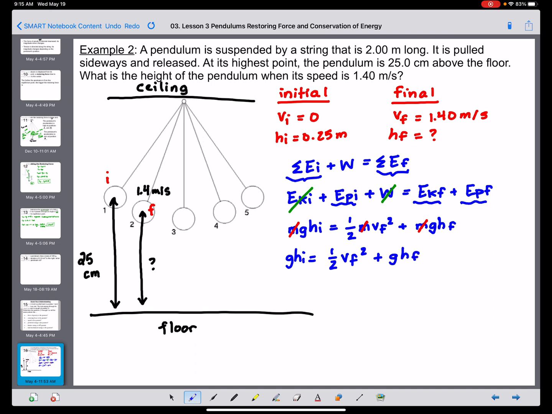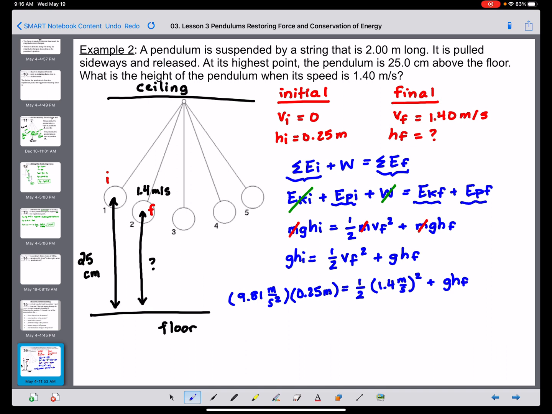All right, now let's put numbers in there. So g is 9.81. hi is 0.25 meters. Then we have 1/2 times vf, so vf is 1.4 meters per second. Don't forget to square that. And then we're adding that to ghf.